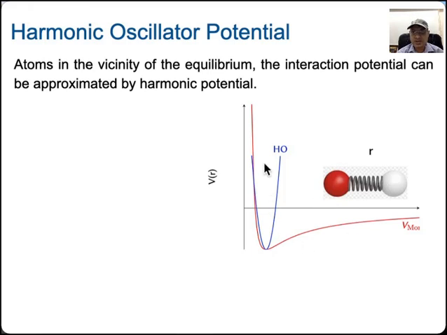This is the true potential, shown in the red color, and this is the approximated potential shown in the blue color, and you can see that at the equilibrium this potential matches quite well in the vicinity of the equilibrium. This treatment of replacing the true potential by the harmonic oscillator potential is not only applicable to the diatomic molecule. If I go to a triatomic molecule, I can also do the same.